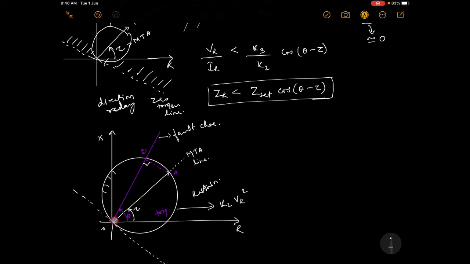See, in the impedance relay, the radius was the length of the transmission line. Here it is the diameter, hence it is divided by 2, so the radius is half of the length.